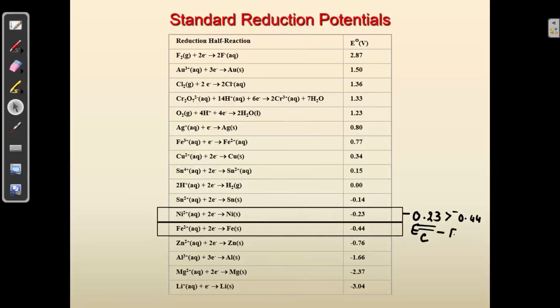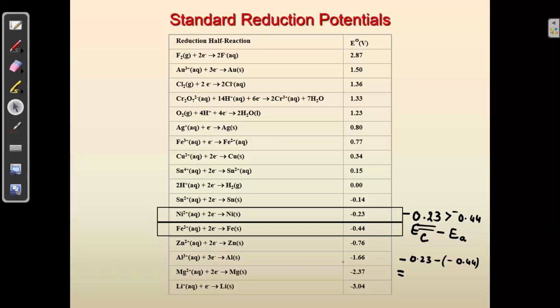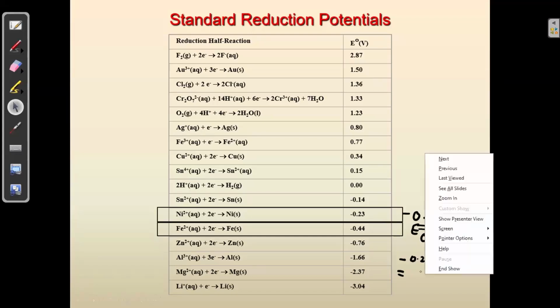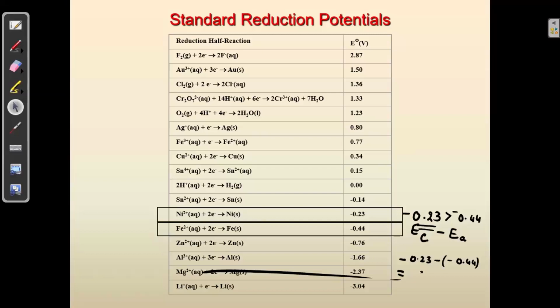E cathode minus E anode is minus 0.23 minus minus 0.44, which will be 0.21, a positive value.